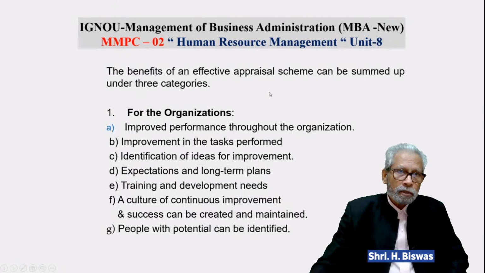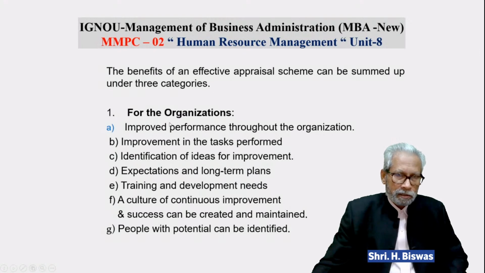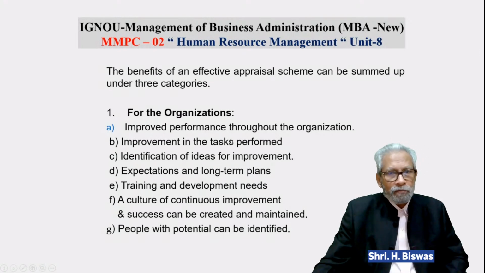Now coming to the benefits of an effective appraisal system, we can sum them up in three categories. For the organization side, improved performance throughout the organization. That is also true. Improvement in the tasks performed.